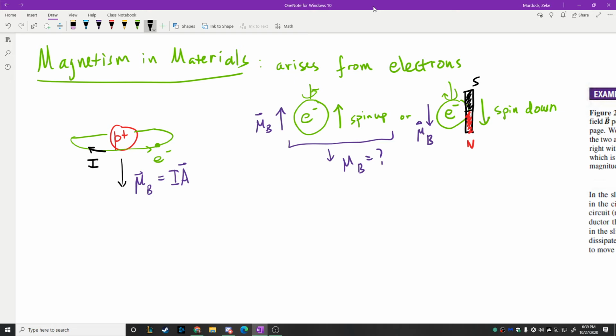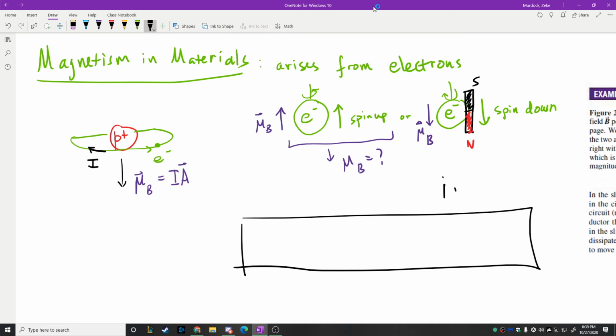So this is where I'm going to let the video take over, but the general idea that I want you to take away from the video you watch is this. Imagine that you have a piece of iron, and imagine that piece of iron is unmagnetized. If it's unmagnetized, what does that mean? Well, it means that within the atoms of the iron, the electrons are going to be randomly oriented, and I'm going to use an arrow here, just like I've done up here, to represent either spin up or spin down regions.